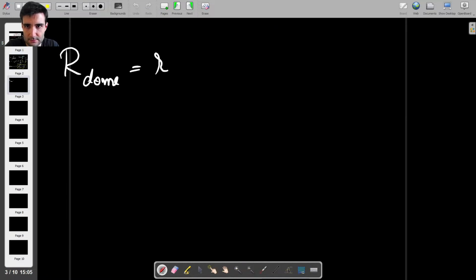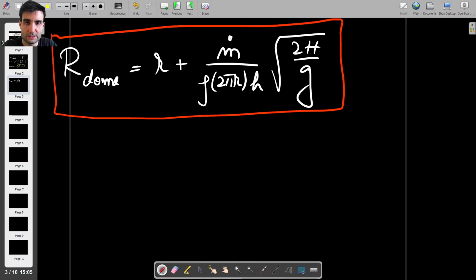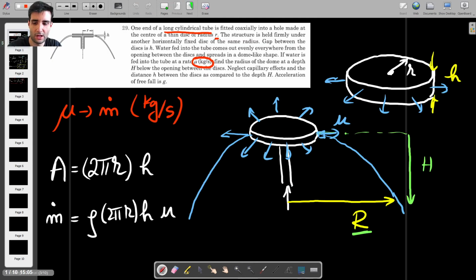So that's r plus m dot over rho times 2 pi r times H times the square root of 2h over g. And this gives you what the radius is as a function of the depth where you're measuring it. And as you can see, there's a square root relationship between the two of them, and you also have this constant added at the front. And that's the end of the question.